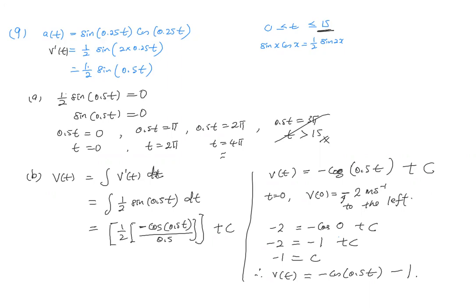Then after that, they want you to write the expression that represents the total distance traveled by the particle in the first 10 seconds. Hence, calculate the total distance traveled. So, for part C, you want to find the distance, you integrate. Now, I have my velocity function as negative cos 0.5 t minus 1.